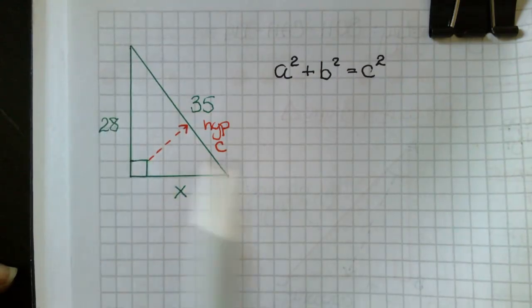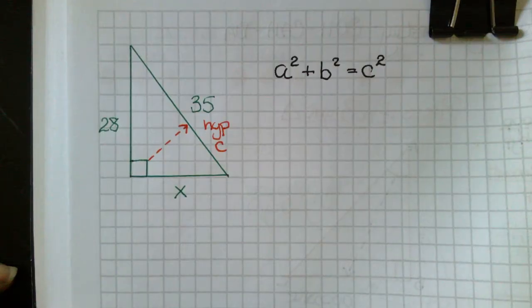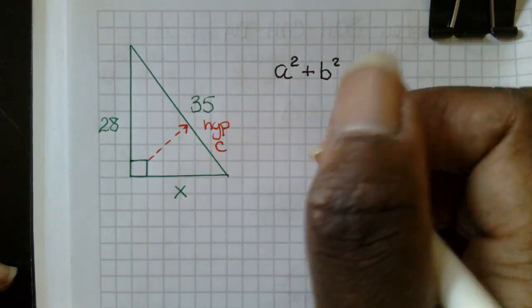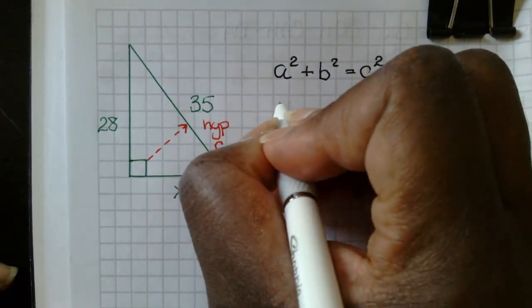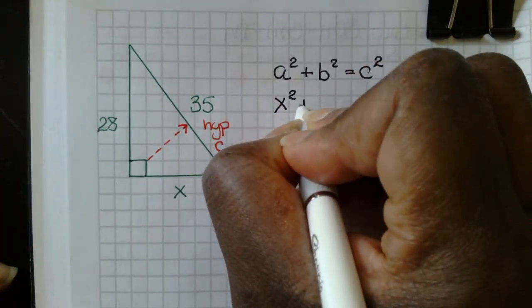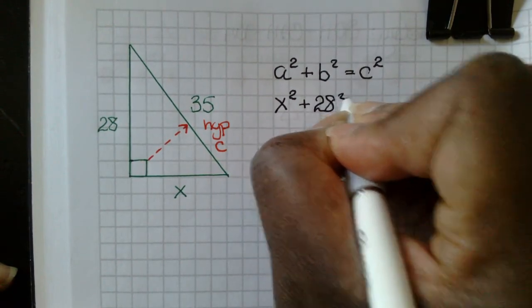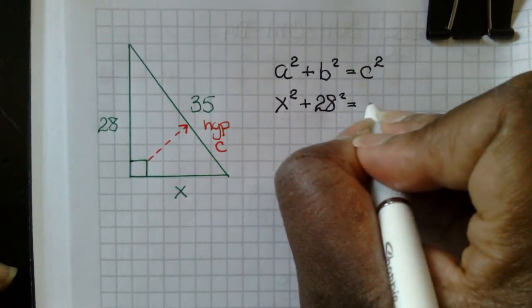These are called your legs. These are representing your A and your B. So it doesn't matter, okay? So if anything, we have our x squared plus our 28 squared is equal to our c squared.